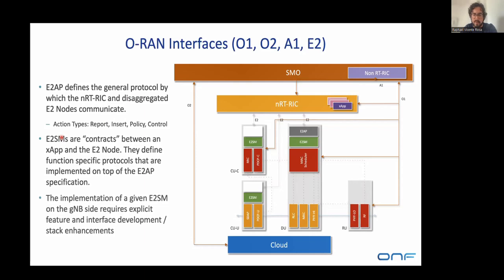It's important to emphasize that the implementation of the service model functionalities, or the RAN functions, in the E2 nodes concerns the specific features and stack enhancements in the CU/DU components.